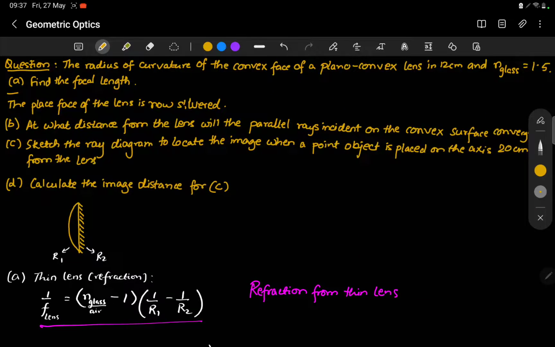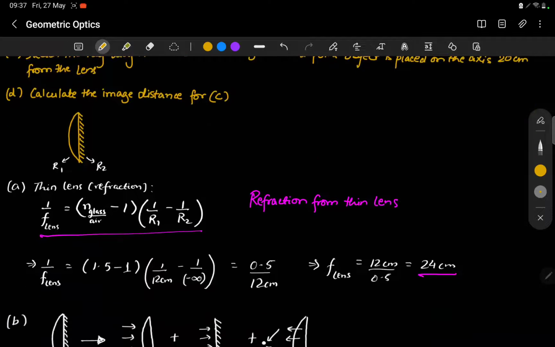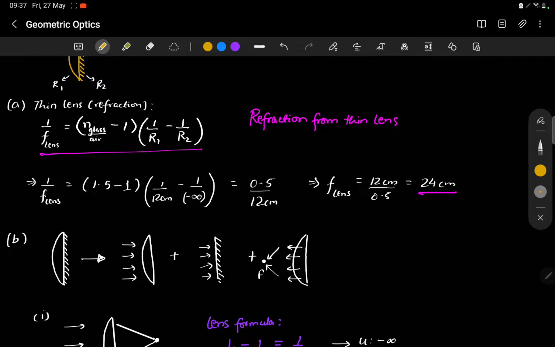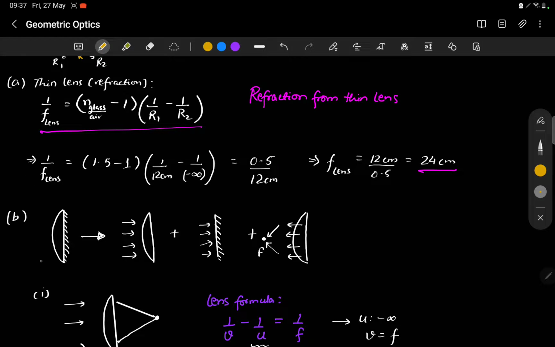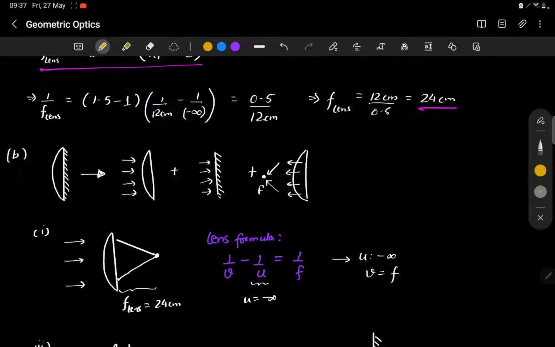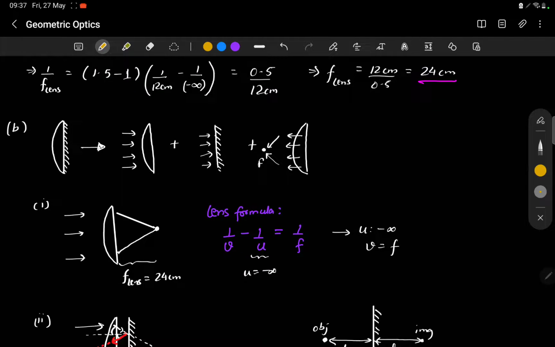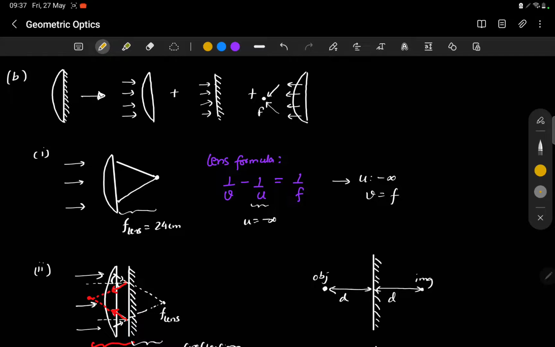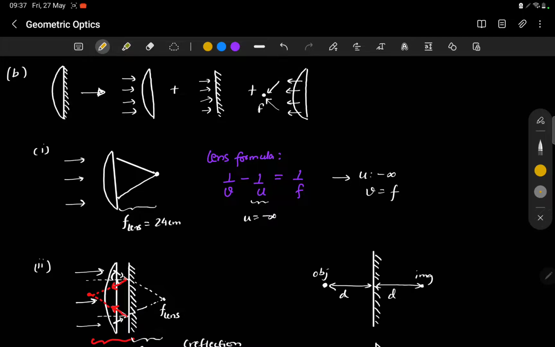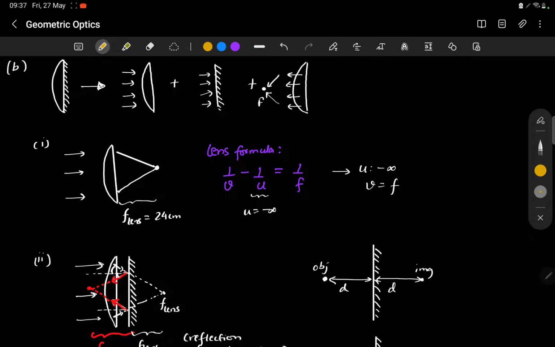So here was the previous question in which we had a plano-convex lens with a silvered plane surface, and then we decomposed this plano-convex silvered lens as a sum of three components: the lens followed by the mirror followed again by the lens, and then we used the lens formula or the reflection from a mirror to basically find the image, the final image for any object.